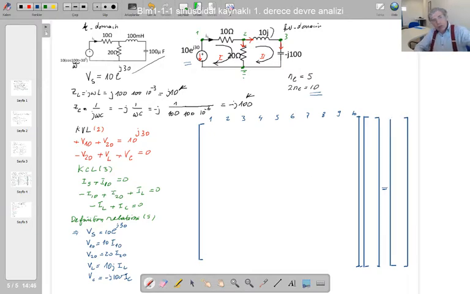So how are we going to transfer these equations to the matrix? It's easy.